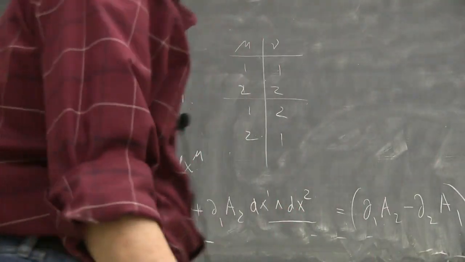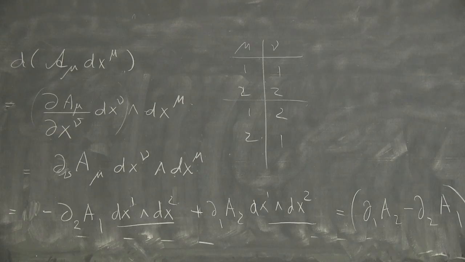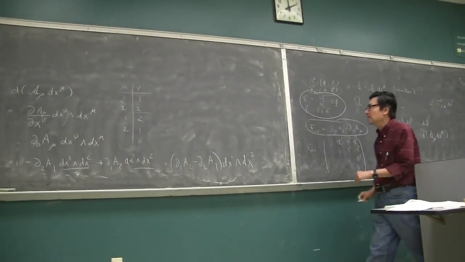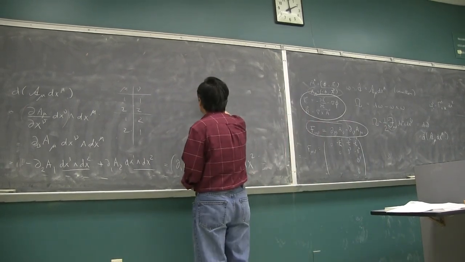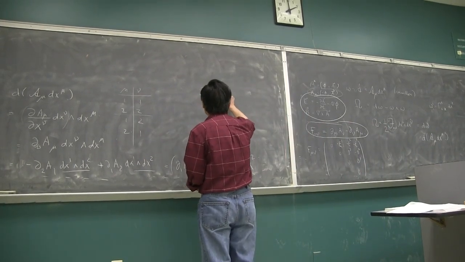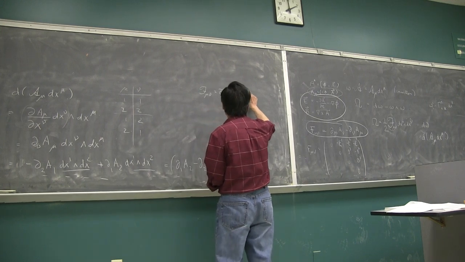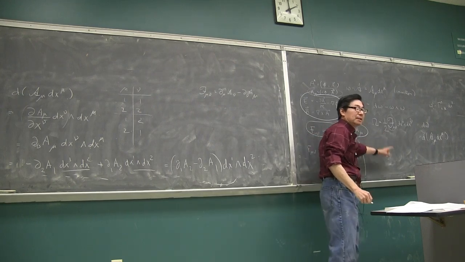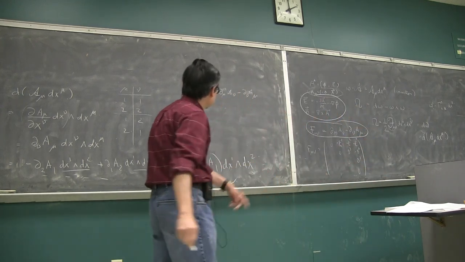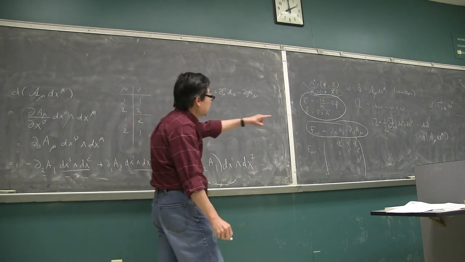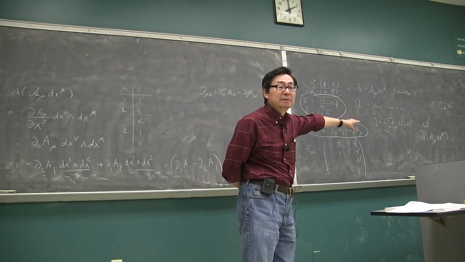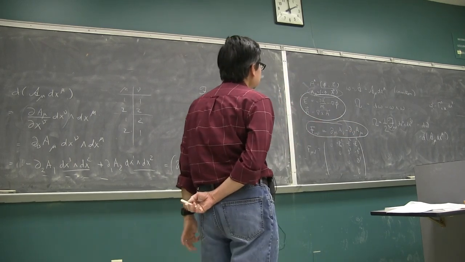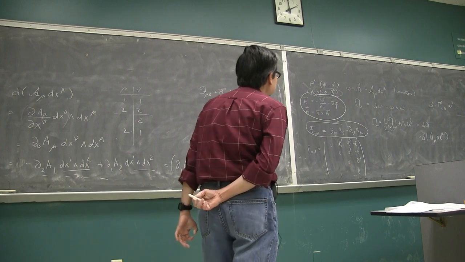Okay? Now I'm going to show you that with this, if I define this script f mu nu as being equal to d mu a nu minus d nu a mu, and it's very important with the factor 1/2 in here, that is going to be equal to that with the factor 1/2. But you see, in that sum in here, the sum is unrestricted, right? The way it's written, it means that the sum is unrestricted. So I will have 2 terms, okay?